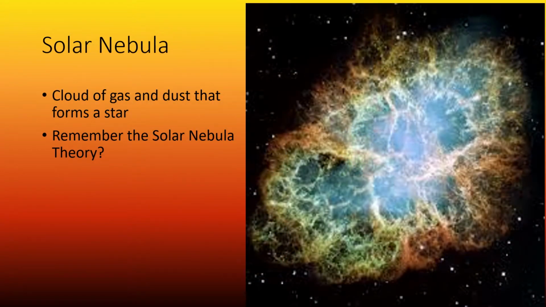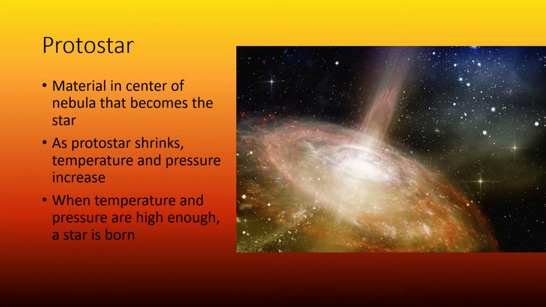All of our stars are born in a solar nebula. That literally means sun cloud. So a solar nebula is a cloud of gas and dust that forms a star. This goes back to our solar nebula theory, the formation of our solar system. When we have our solar nebula, the material in the very center of that nebula is what is going to become the star.